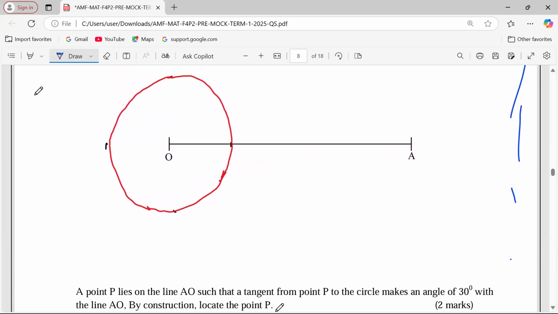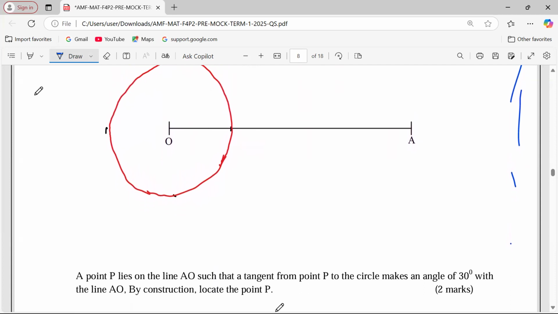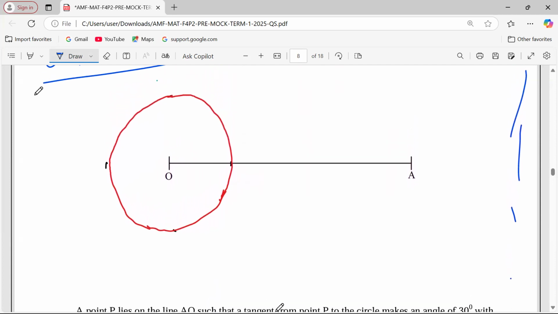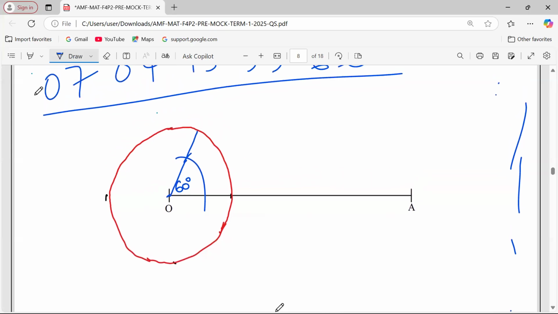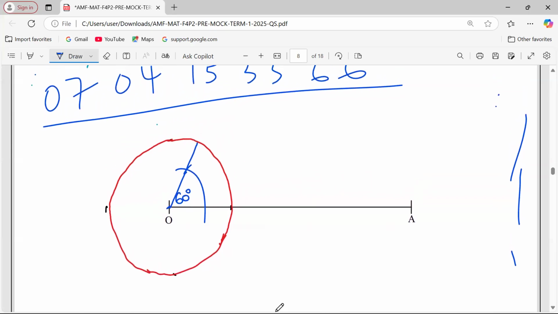Something that you're supposed to know is that if it will make 30 degrees, and we know that a tangent has to make 90 with a radius, if we draw a radius here from the center this way, making 60 degrees here, then we just have to extend it a little bit.